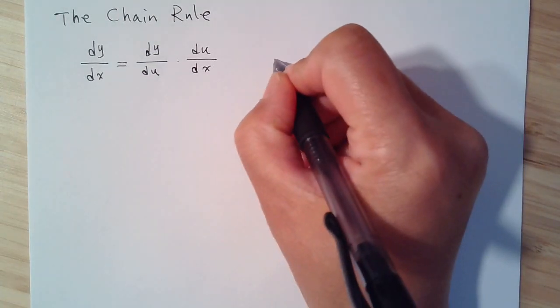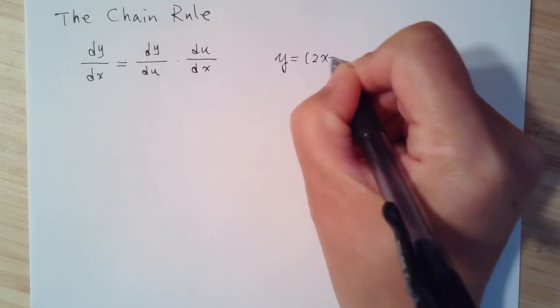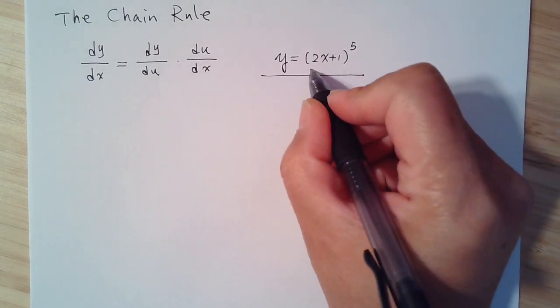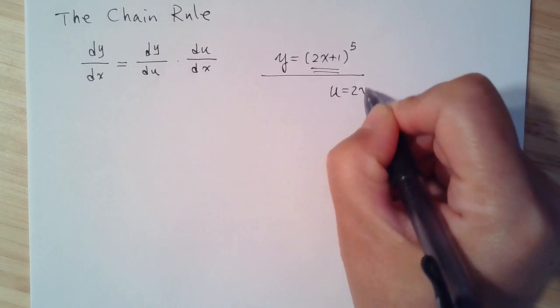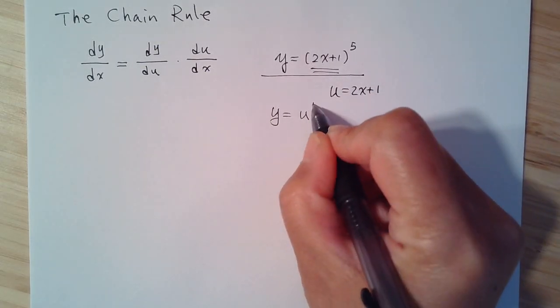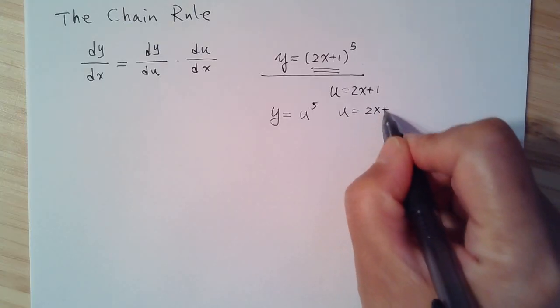If I have y equals 2x plus 1 to the fifth power, in this case I'm going to treat this as my u. So u equals 2x plus 1, y equals u to the fifth, and u equals 2x plus 1.